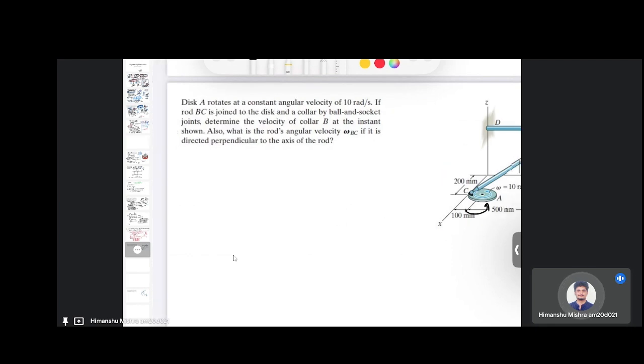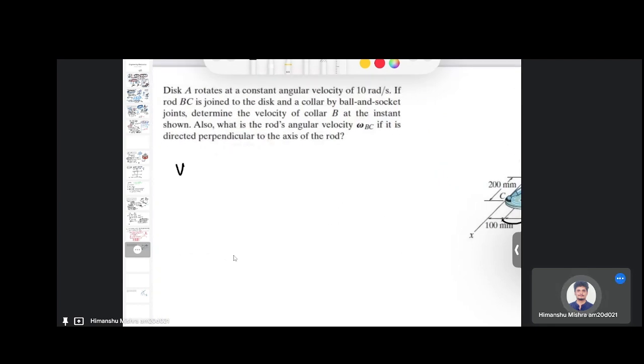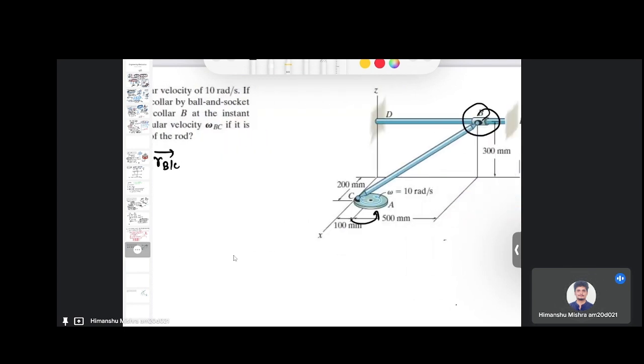To determine the velocity at point B, we have VB equals VC plus omega BC cross R of B with respect to C, right? This is what we did previously when we were solving the relative velocity concept.